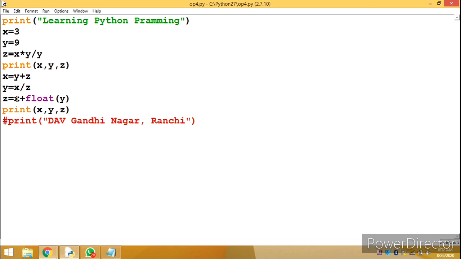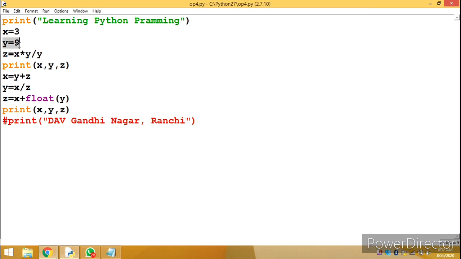Now again z is equal to x plus float y. We are forcing the value of y to become a float. This is known as type conversion. It is an explicit type conversion where the user is forcing y to become a float type.